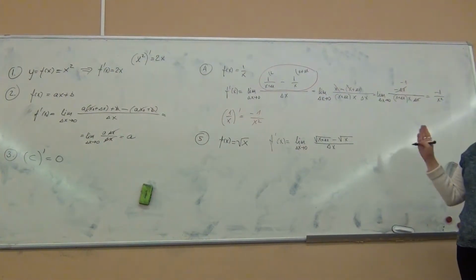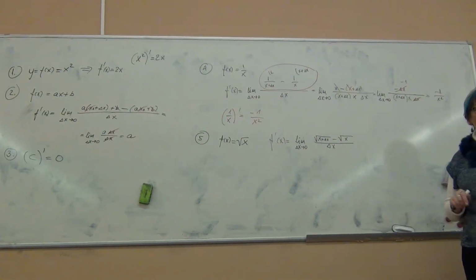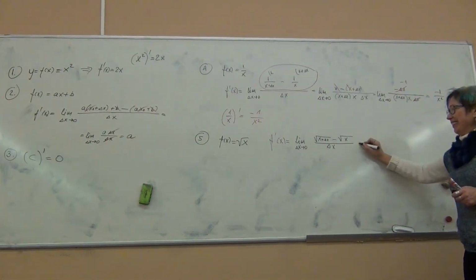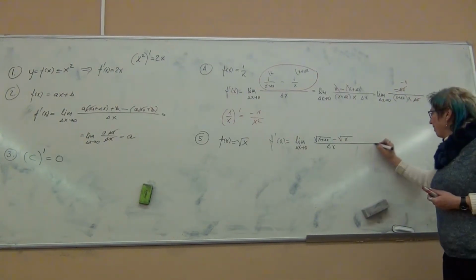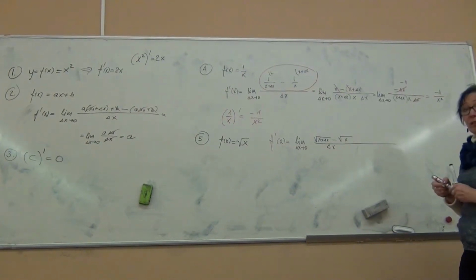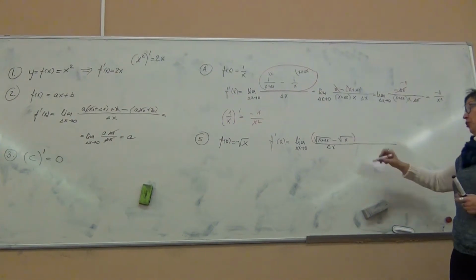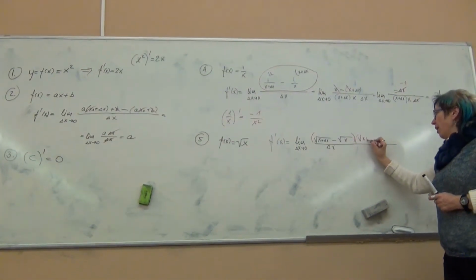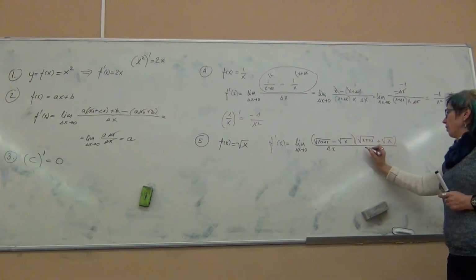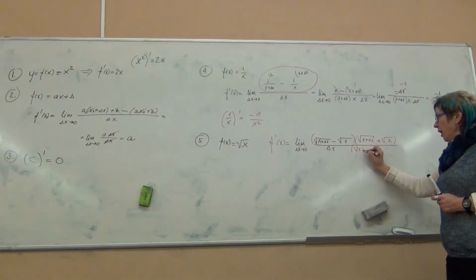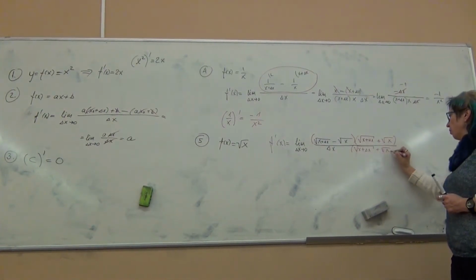Well, familiar limits. 0 over 0. Uncertainty. We have been doing this. Nothing is new under the sun. So I can multiply, as we used to do, by the conjugate expression, square root of x plus delta x plus square root of x, divided by the same.